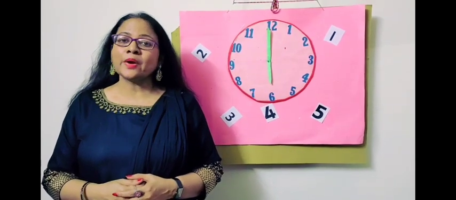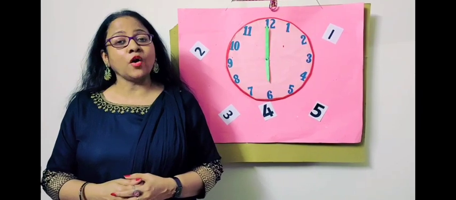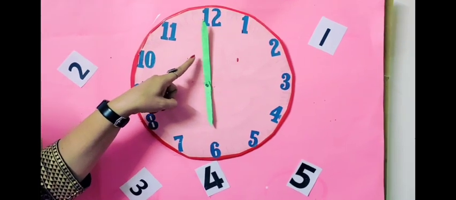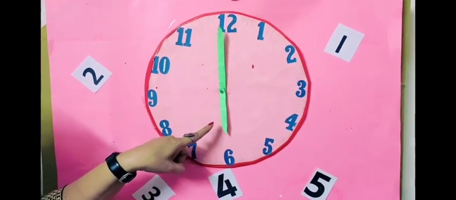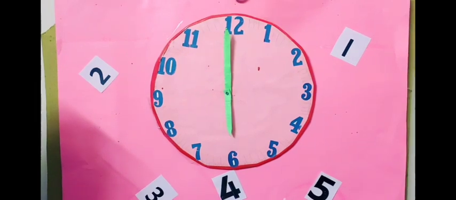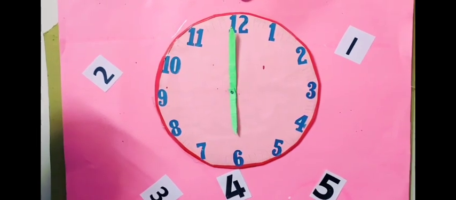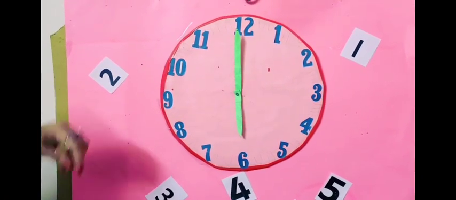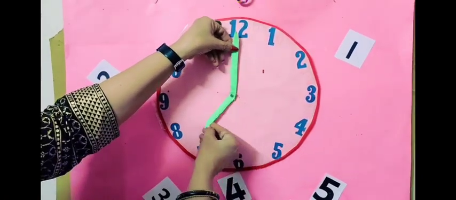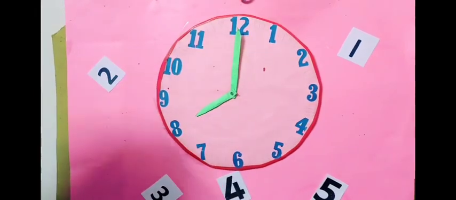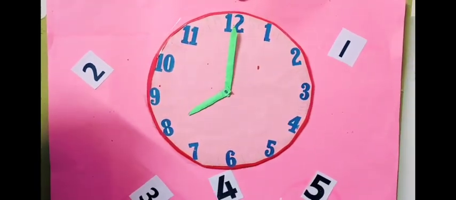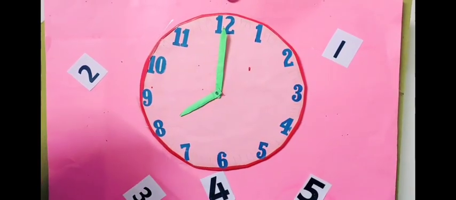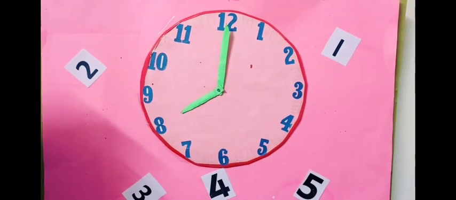So children, when you see the minute hand on 12 and the hour hand on 6, it is 6 o'clock. If you see the minute hand on 12 and the hour hand on 8, it is 8 o'clock. So basically children, the hour hand represents what time o'clock it is.